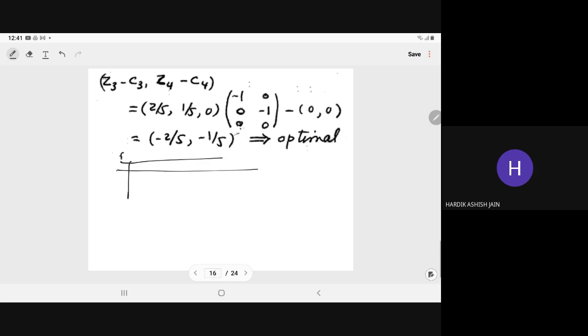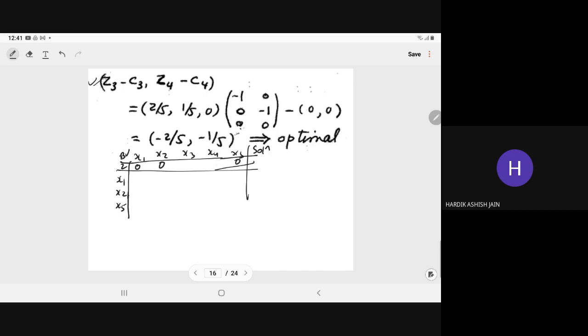Here we have the basic variable. Here we have Z, X1, X2, X3, X4, X5. On the right hand side, we have the solution. You know that X1, X2, X5 are basic variables, so the corresponding Z coefficients are 0.